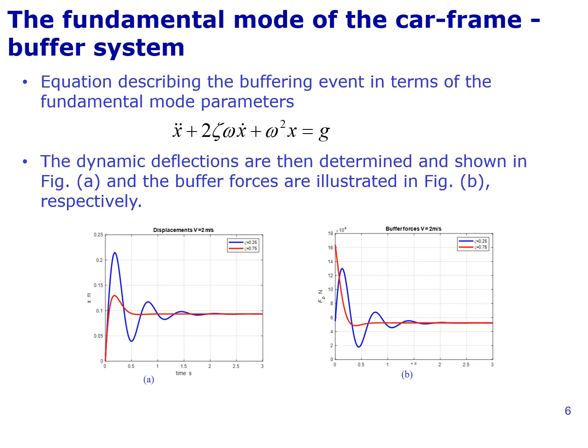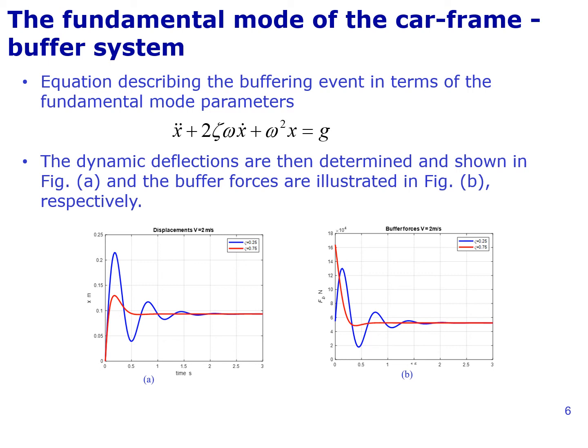Here, the fundamental mode of the car frame buffer system is described by the equation. The same equation number 1 is written in the form of fundamental mode parameters, that is, damping ratio and fundamental frequency.